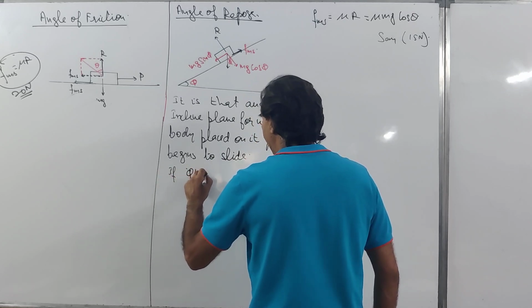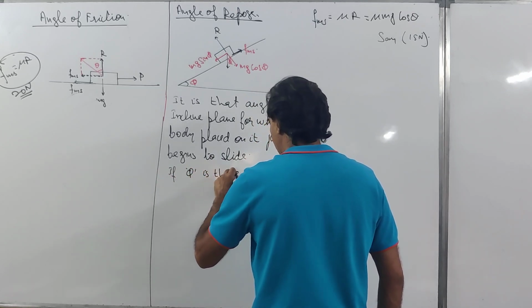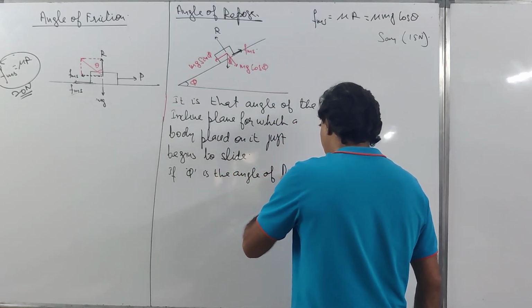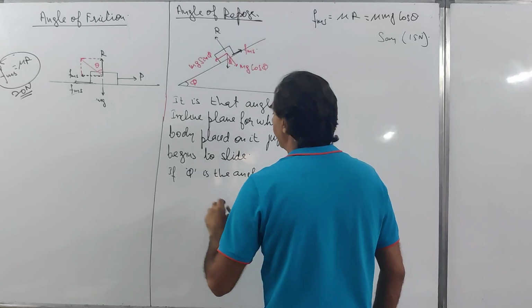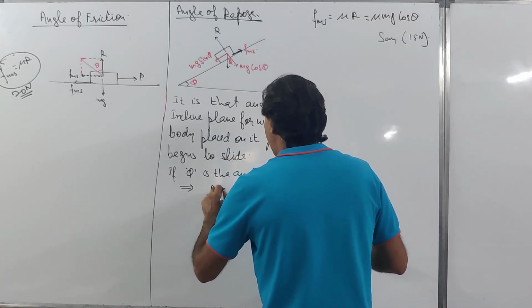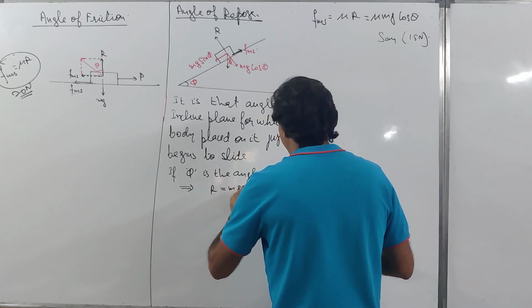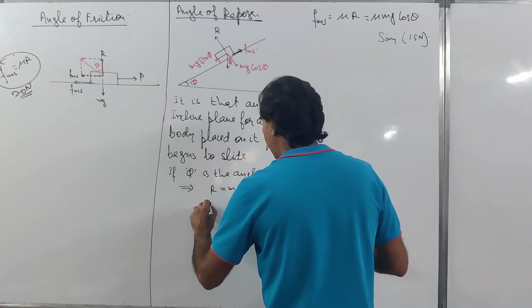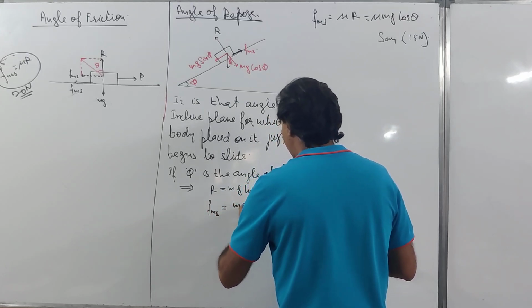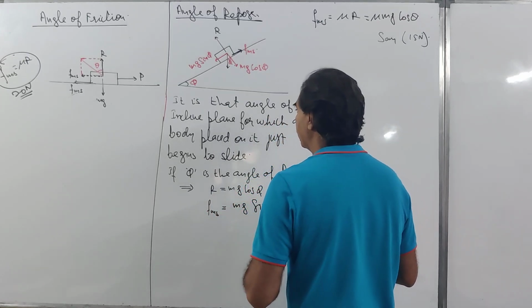If phi is the angle of repose, R is equal to mg cos phi and fms is mg sin phi.